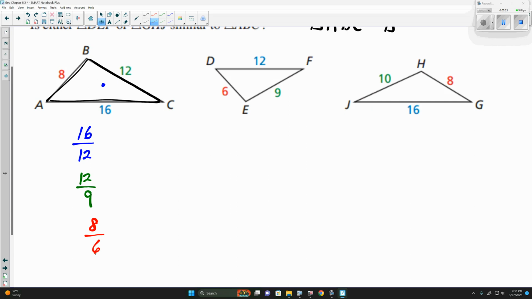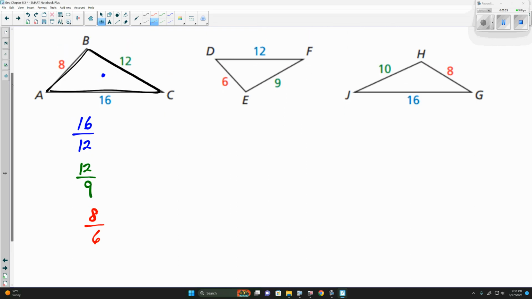And when we set the proportions up, I just picked one of the side lengths. I picked 16 because it's the biggest. So I put that side, biggest side, over the biggest side of DEF. And since I put ABC 16 first, its side length of 12 goes on top. 8 goes on top. Whichever side length of the triangle we put on top, those all go on top, and then the others go on bottom.